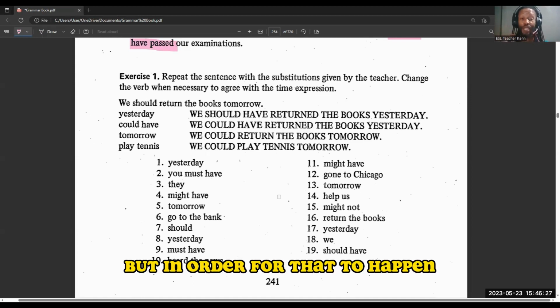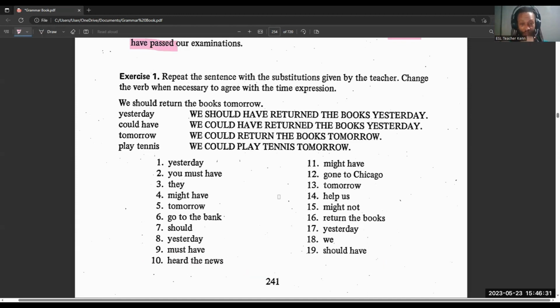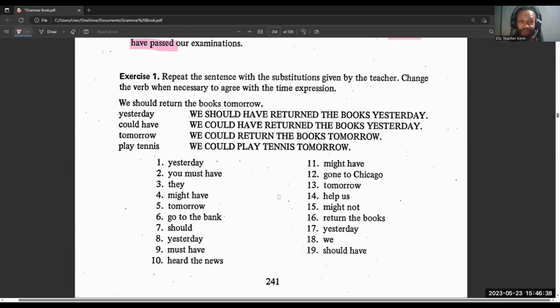But in order for that to happen, you first have to do it with the book open and repeat it and correct it as many times necessary.